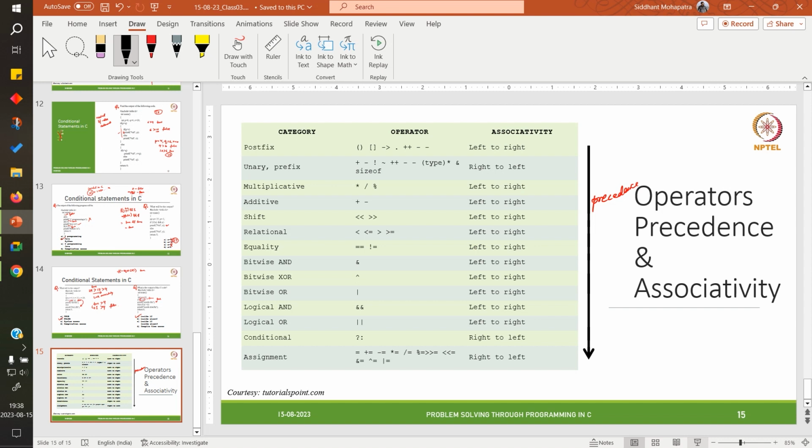For example, the character entry functions getch and getline and so on are defined under conio.h. Why you will use them, we'll see when we discuss strings. Why getline or gets or puts are important, we will look into when we learn strings. But for now, you can just know that stdio.h and conio.h both are input-output header files. Some of the input-output functions are defined in stdio.h, some others in conio.h. That's all.